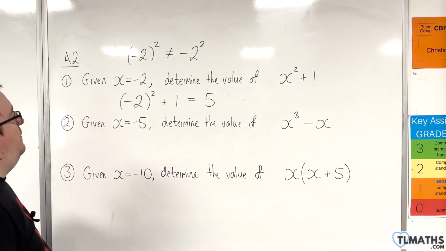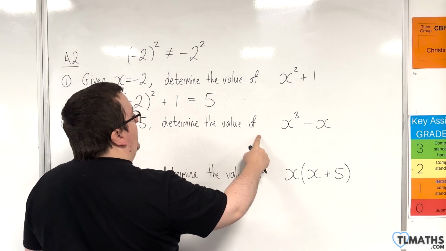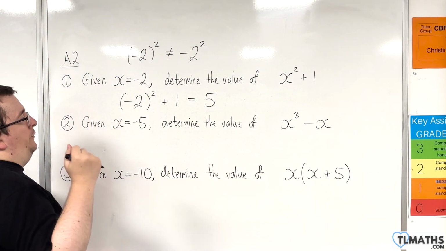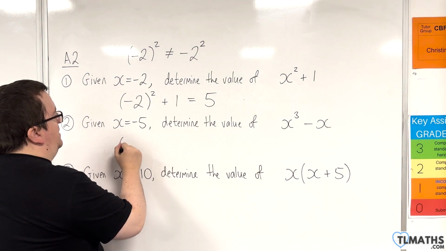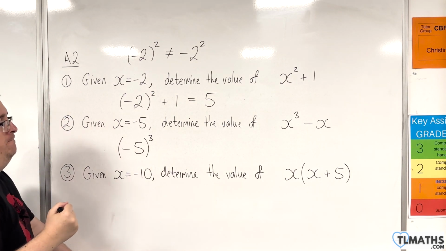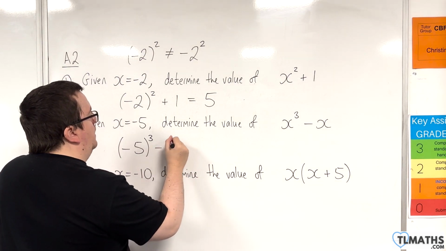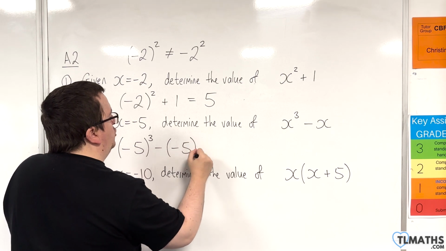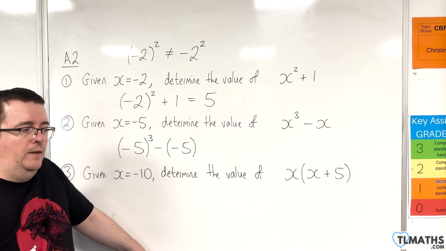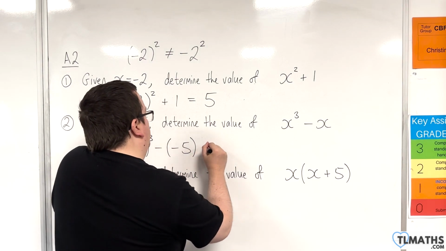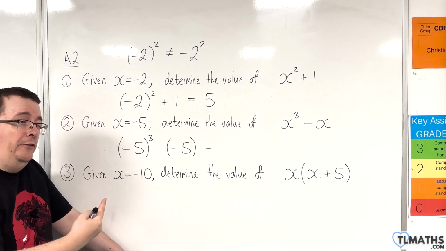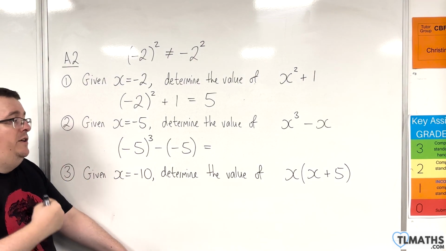Number 2, given x is equal to minus 5, determine the value of x cubed, take away x. So x cubed, we need to make sure that we put the minus 5 in a bracket. And then we're taking away minus 5, and I'm making sure that I'm putting the minus 5 in a bracket. Okay? So, minus 5 times minus 5 times minus 5 is minus 125.